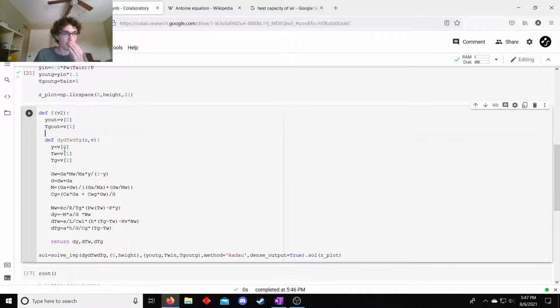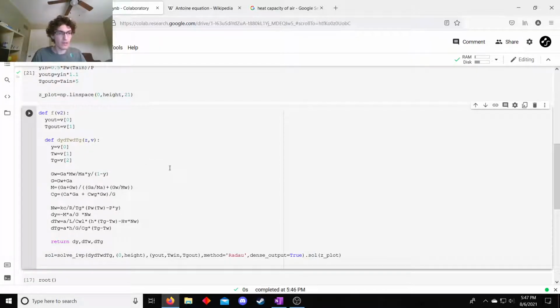From there, we have these same differential equations, but instead of these guesses, it will actually use the values from this array. We'll need to pop that in there. And what we want to return are those final values from the array that we were just looking at.